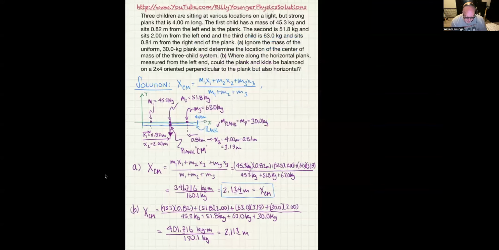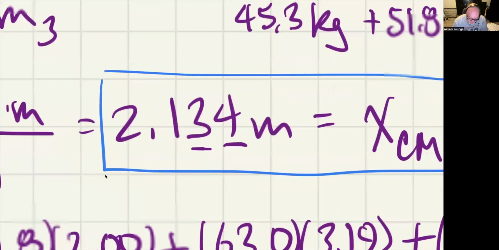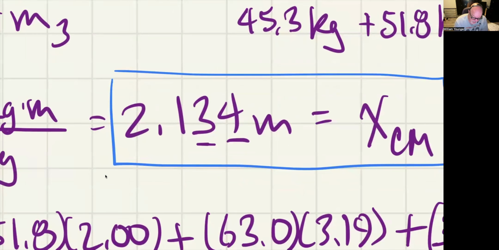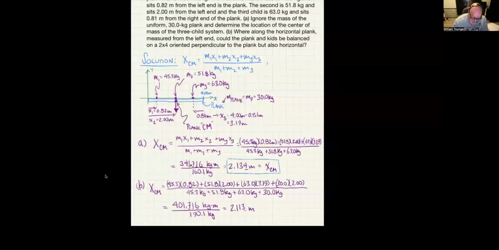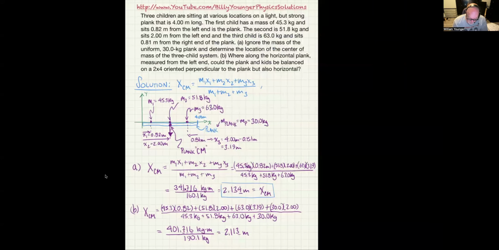So the 401.716 divided by 190.1 gives me 2.113. You can see it's a difference of about 2 in the last significant figure. Again, remembering that the significant figure in part A was 2 decimal places, in this case we didn't get it to the same number of sig figs.